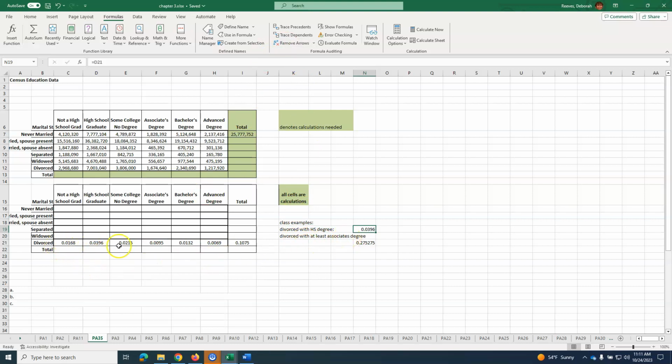So we look at the divorced line, at least an associate's is going to start here. So this is at least an associate's, this is at least an associate's, and this is at least an associate's. So here's the calculation. And what you're doing is summing these three together and dividing them by the total. So that's what you'll need to do for 35.